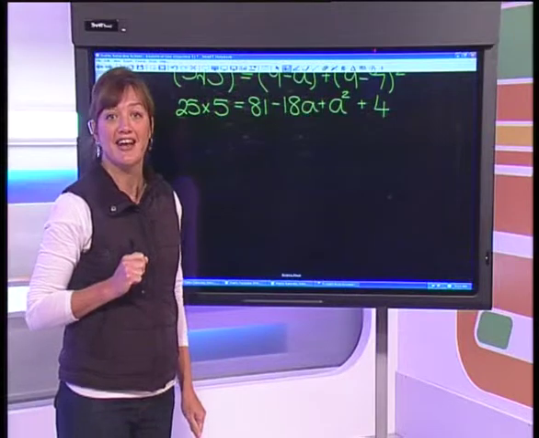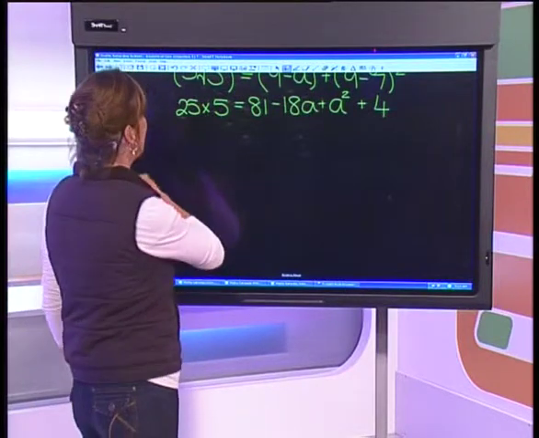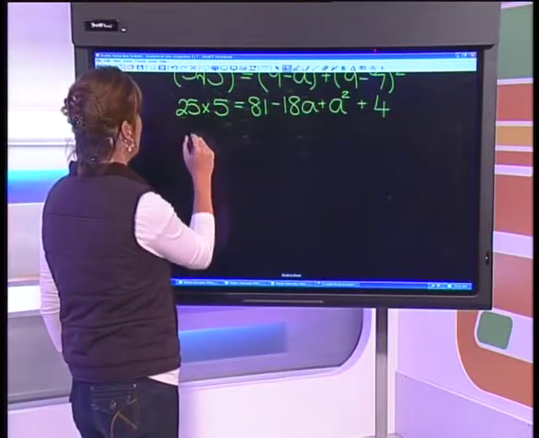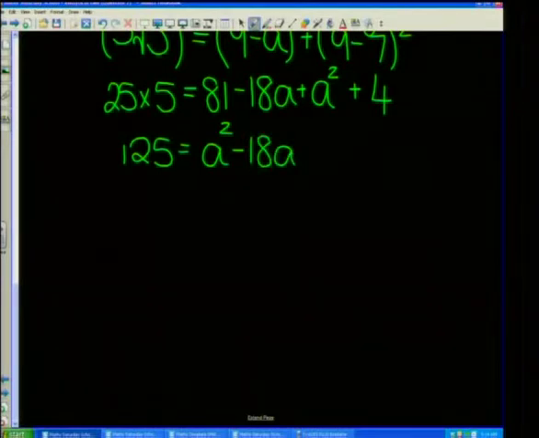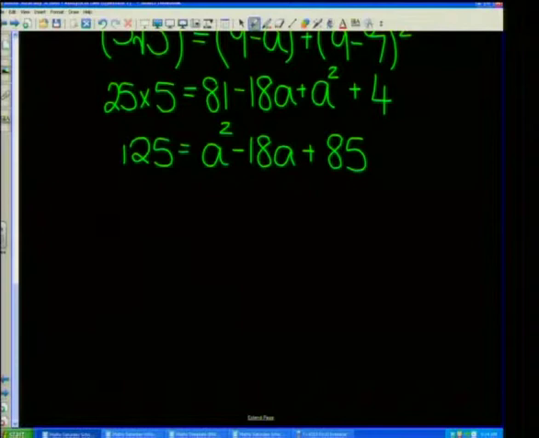Let's just times everything out a little bit more. 25 times 5, that's going to be 125. We have got an a squared over here, we've got negative 18a, and we've got 81 plus 4, which is going to give us 85. What we're now going to do is bring it all over.